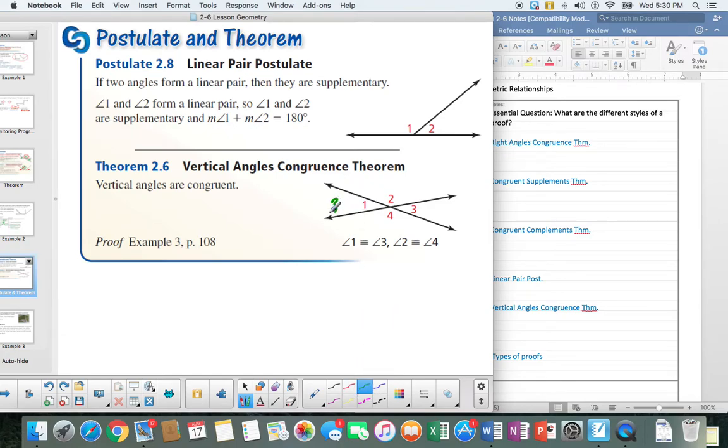So if this is 30 degrees, this is a linear pair. Linear pair means they are supplementary, so that's 150. Now here's another line, if that's 150, this is 30, and you can see by the congruent supplements theorem that these two will be congruent, which tells me vertical angles have to be congruent as well.